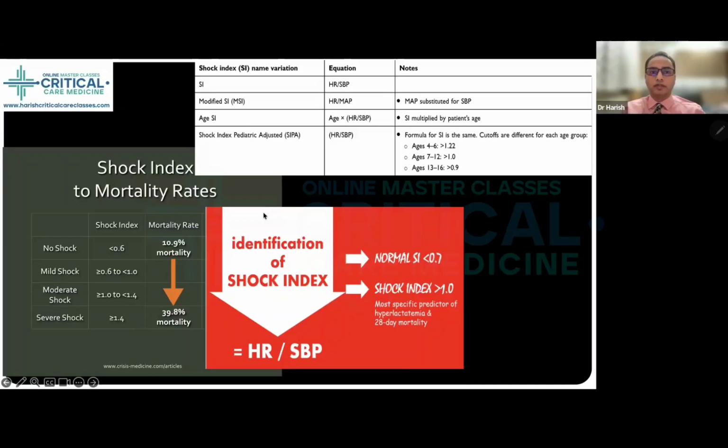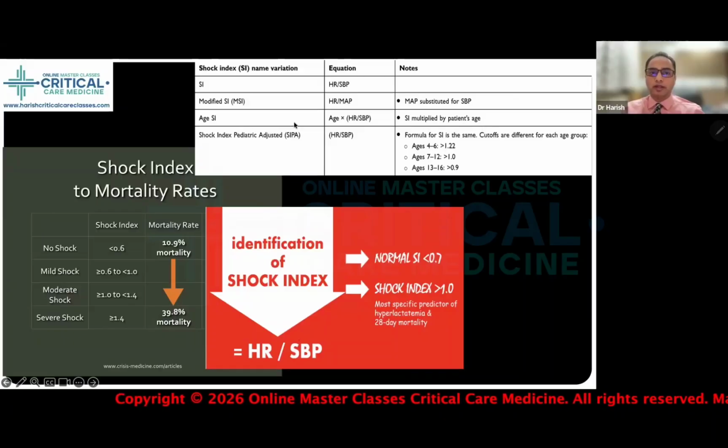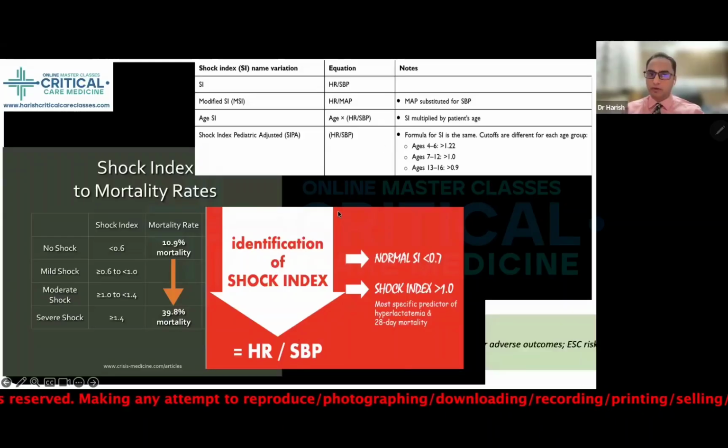Then we have the modified shock index, where we have heart rate divided by MAP instead of systolic blood pressure. Shock index multiplied by patient age is called the age-related shock index. For pediatric adjusted shock index, we have some age-related cutoff values. So remember, the shock index is very, very important.